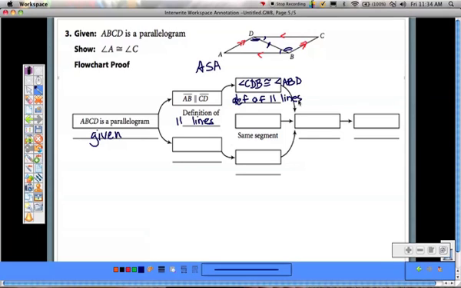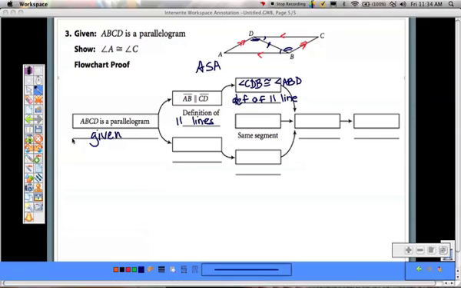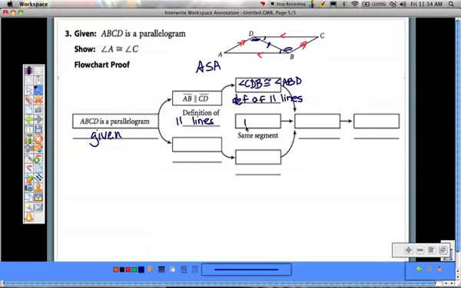We have the same segment, DB is congruent to DB. And also we have angle ADB is congruent to angle CBD. Definition of parallel lines.